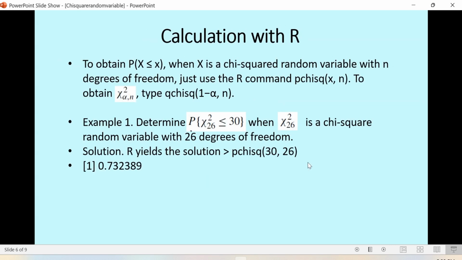Next we show several examples, and we use R for calculation. In R we use two functions: one called qchisq and one called pchisq. pchisq calculates the probability on the left side of a quantile value.